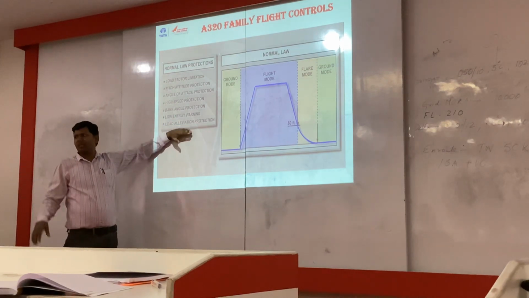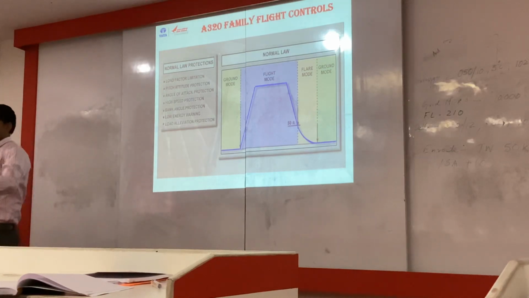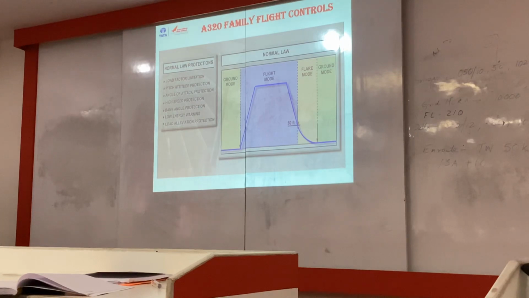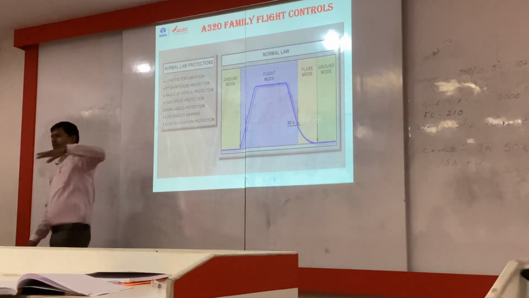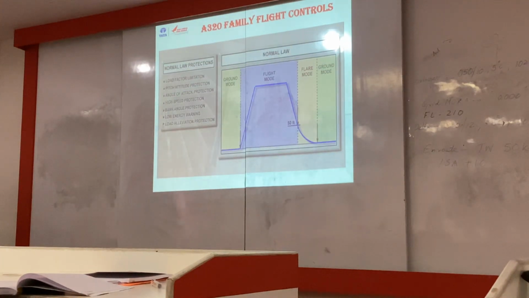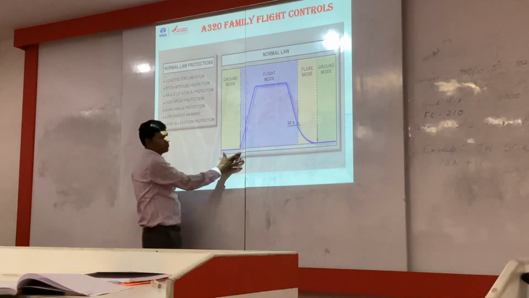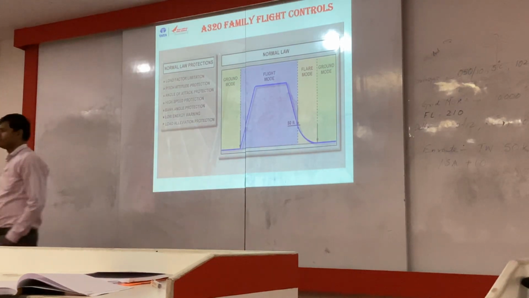Otherwise, for this particular aircraft, the load alleviation function is not there. So remember, this will not be there for this particular aircraft. So there are different modes: ground mode, then flight mode, then flare mode, then again ground mode.